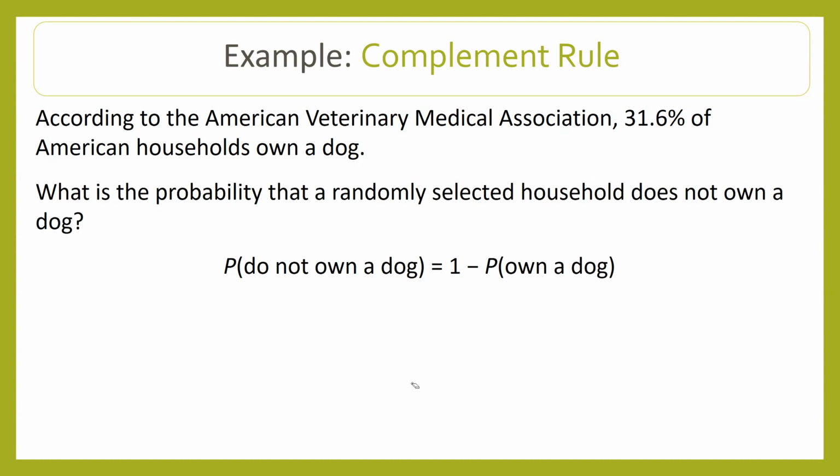So the probability of a household not owning a dog is 1 minus the probability of a household owning a dog. And of course, the probability of owning a dog is 31.6%, which means 0.316. And then when you do the subtraction, you get 68.4%.